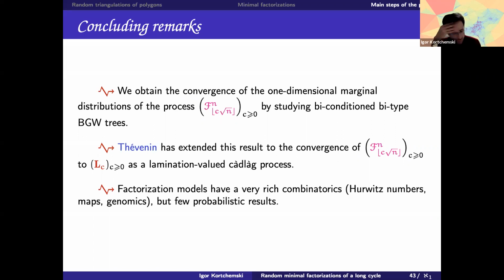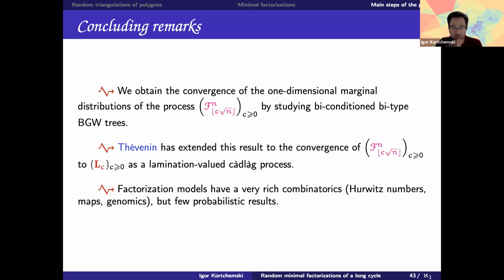So a bit indirectly. In this machinery there are several things involved. There is the fact that we have several types and conditioning on several types, and the fact that the offspring distributions depend on n. This is useful for something we're doing with Michael Mazoun and Cyril Marzouk, where we are studying random maps, Boltzmann planar maps with two-type conditioning.